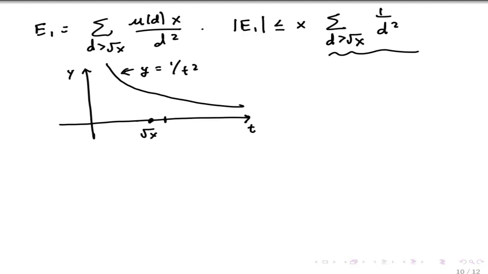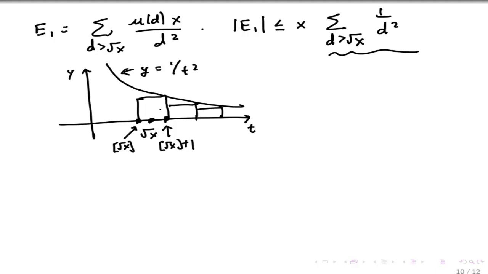And then this would be the floor of root x, and this is the first integer after that, floor of root x plus 1. So this would be where the d values in that sum start. So you're going to draw this little rectangle right here, and then you'll have another rectangle and another one.